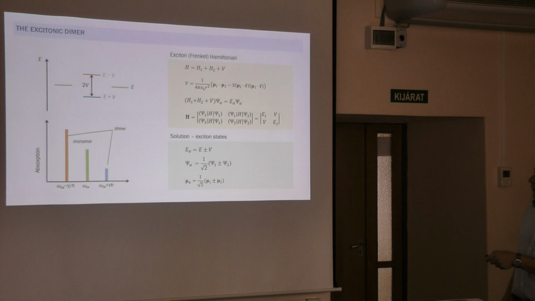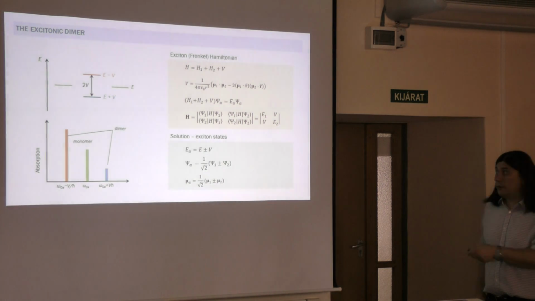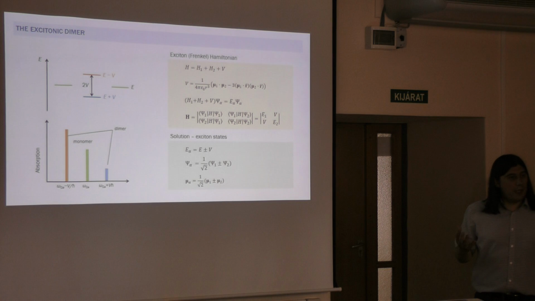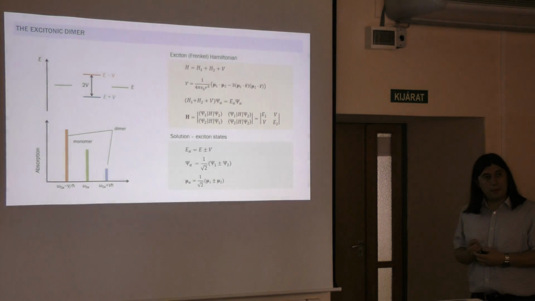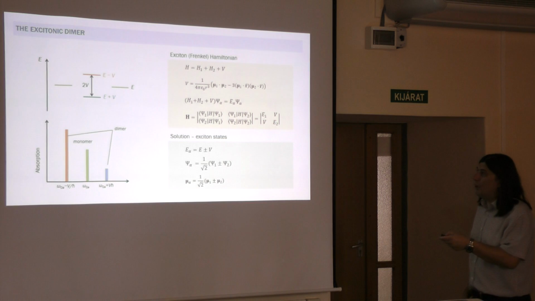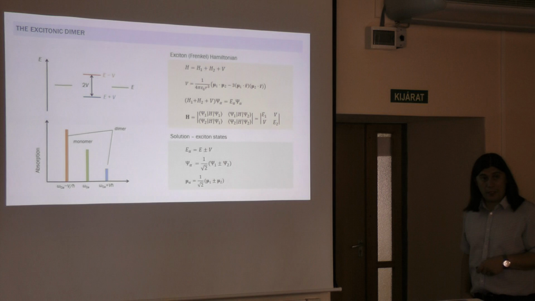And we can also calculate the wave functions with this approach. They are just linear combinations of the monomer wave functions. What that means is that both monomers, both molecules, contribute to both of the new excited states. In other words, the excited states are delocalized. All right? So we can no longer assign one state to one molecule and the other state to another molecule.